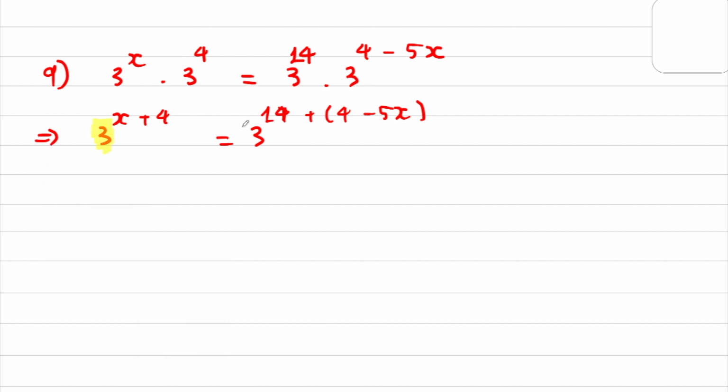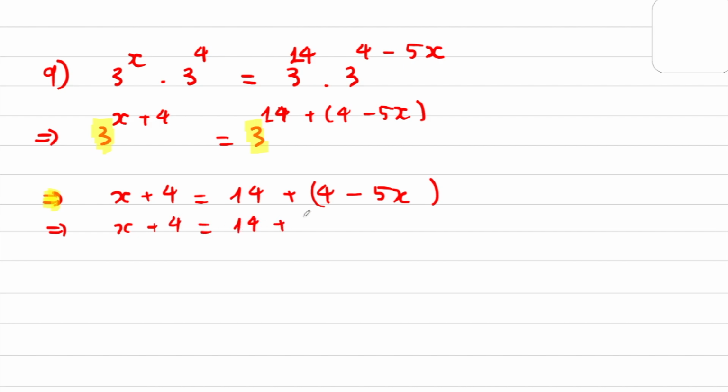You've got a single exponent on each side. After that, you can set up the equation about the power numbers: x plus 4 equal to 14 plus 4 minus 5x.